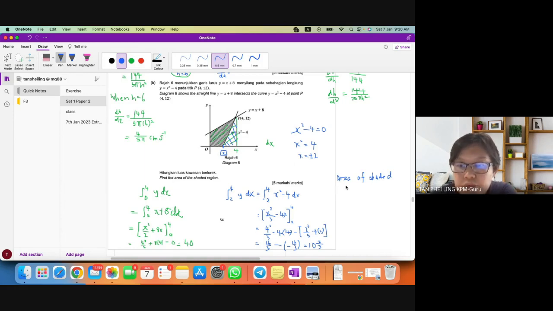Since I want the shaded region, I take the green, which is 40, minus the blue, which is 10 and 2 over 3.